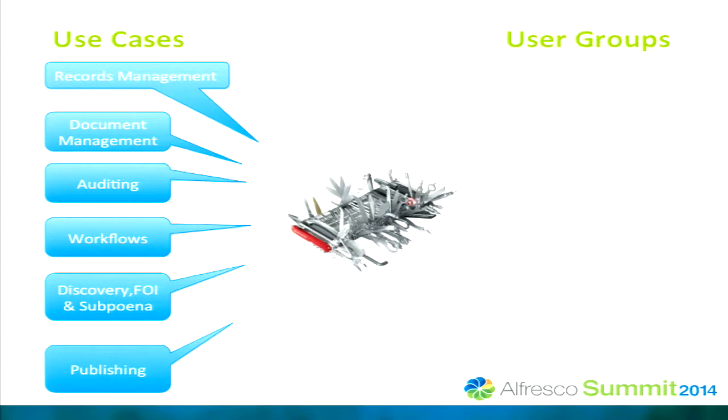If you're just waiting for people to declare things as a record, your records are not going to be very big. So we wanted to make sure that people follow best information management practices and do things the right way, and that includes from the creation of a document from its inception. The best way for that to happen is for them to adopt Alfresco as their document management system.